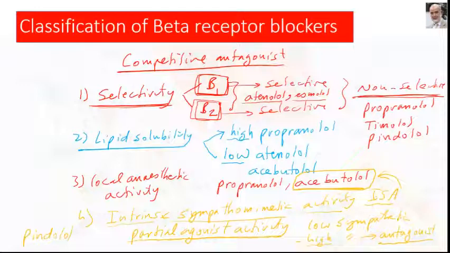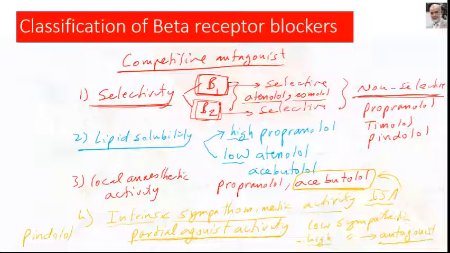The fourth difference, which is important in the selection of the drugs, is their intrinsic sympathomimetic activity. Some drugs act as a partial agonist when the sympathetic activity is low, and as an antagonist when it is high. These drugs are usually reserved for patients with asthma.